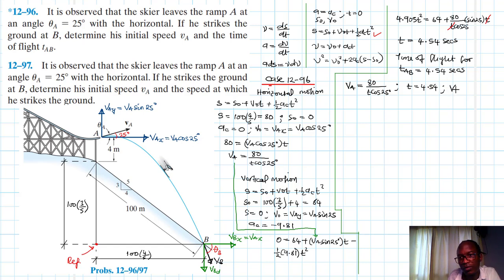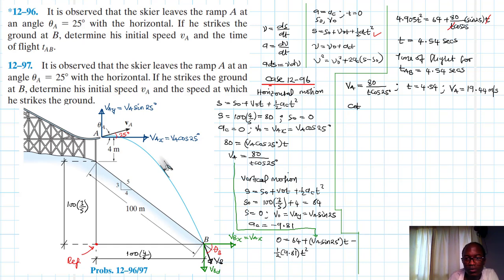And therefore, our VA is just going to be equal to 80 divided by 4.54 cos 25. Answer, we have 19.44 meters per second.